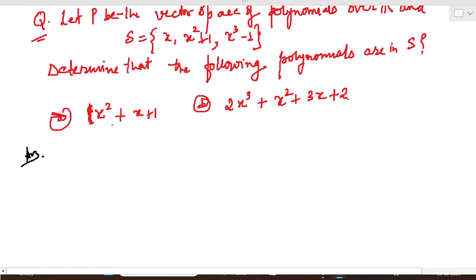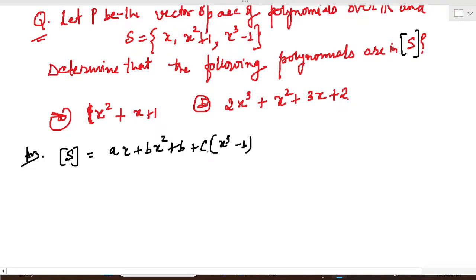What is the linear span of S? You can write the linear span of S as some alpha, beta, gamma; you can take a, b, c as well. So it would be simply a times x plus b times x square plus 1 plus c times x cube minus 1.